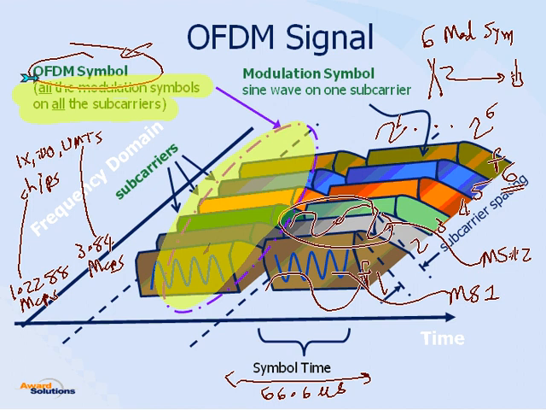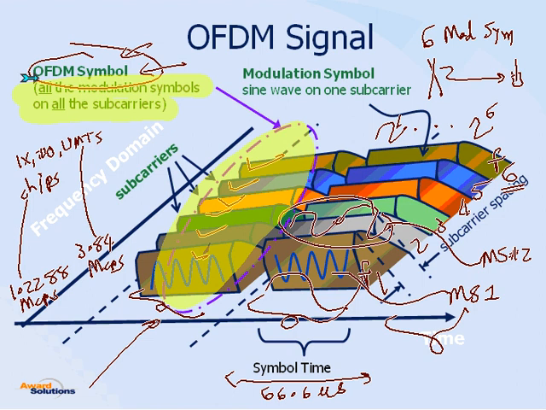So just recapping here, summarizing what we just defined, an OFDM symbol is nothing but a combination of modulation symbols on all the subcarriers. So we send one OFDM symbol here, another OFDM symbol here, another OFDM symbol here, and so on.